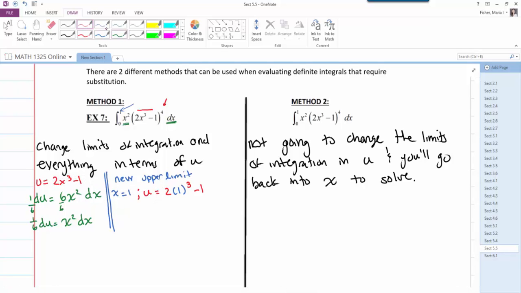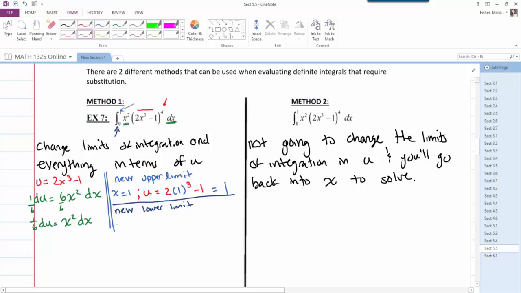So working this out, I end up with u is equal to 1. And my new lower limit of integration, well, my current lower limit of integration is 0. So u would equal 2 times 0 cubed minus 1. Well, 2 times 0 cubed minus 1 is negative 1, so my new lower limit of integration is negative 1.